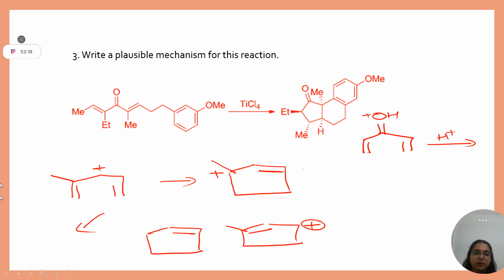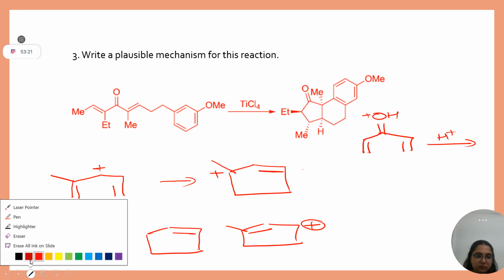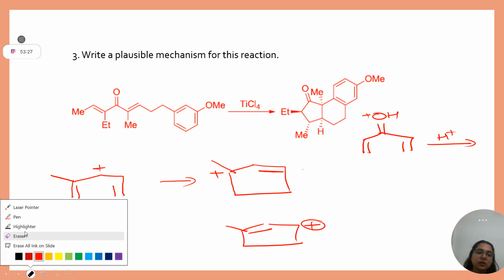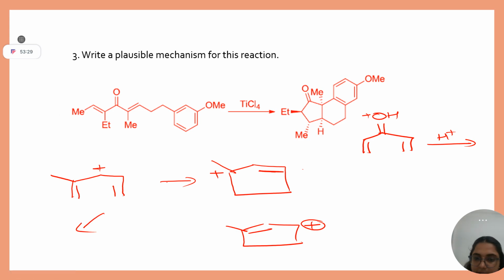Clear? First, tell me, are you clear if we are doing, let's say, thermal condition, and we have to do Nazarov cyclization. Nazarov is a name given to electrocyclic ring closing of this cyclopentadienyl cation. Now I am asking, if you have to close this ring, you have these two possibilities, A and B.